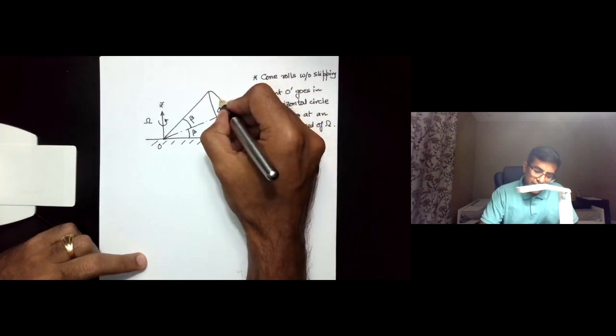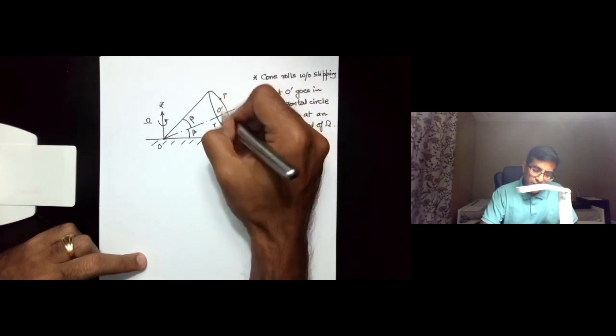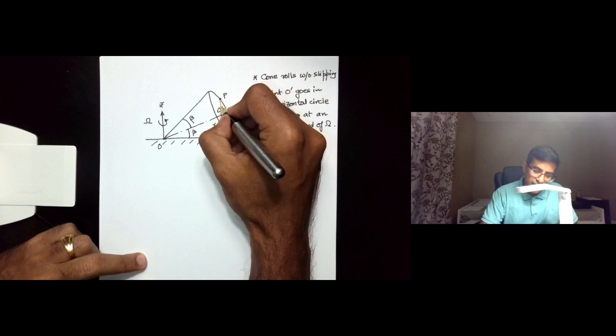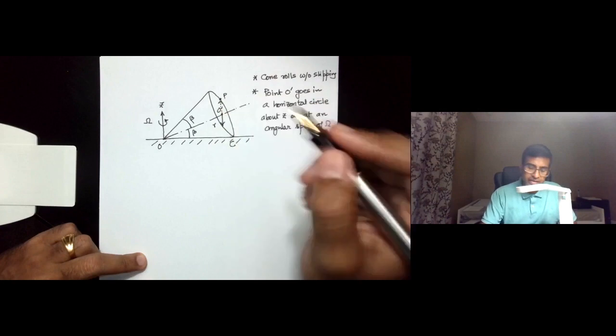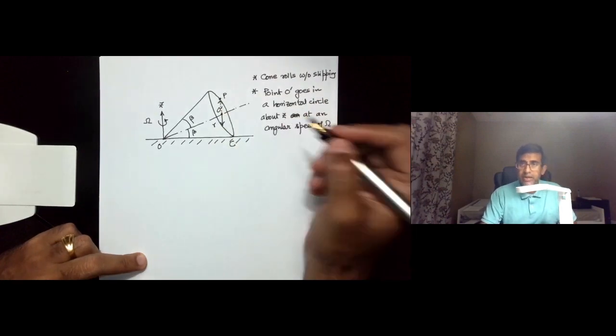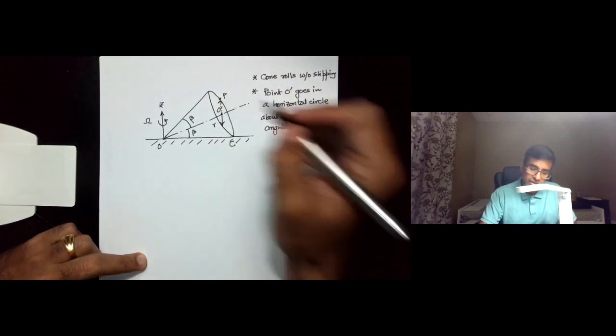Now let us say that there is a point P on the circumference of this base circle, and let's say that it is at a certain arbitrary orientation at a certain instant.